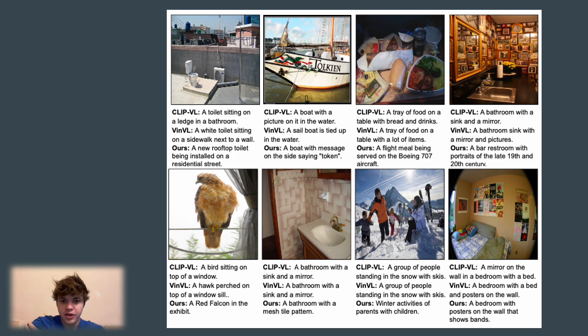So a boat with a picture on it in the water, a boat with a message on the side saying token, a tray of food on a table with bread and drinks, a flight meal being served on the Boeing 707 aircraft, a bathroom with a sink and a mirror, a bar restroom with portraits of the late 19th and 20th century, a bird sitting on top of a window, a red falcon in the exhibit, a bathroom with a sink and a mirror, a bathroom with a mesh tile pattern, a group of people standing in the snow with skis, winter activities of parents with children, a mirror on the wall in a bedroom with posters on the wall that show bands.